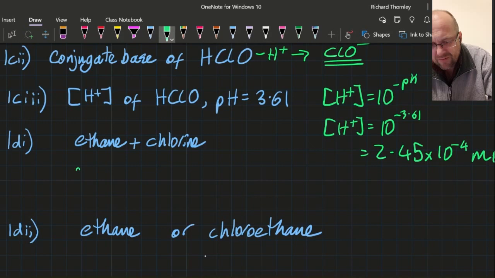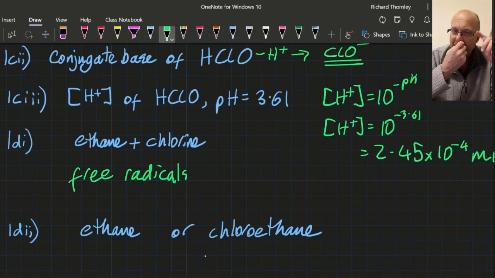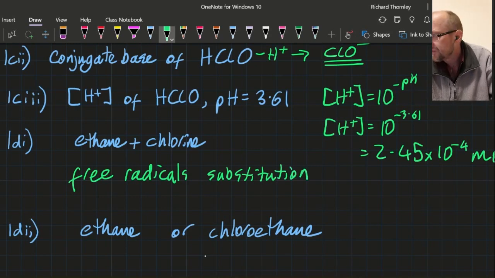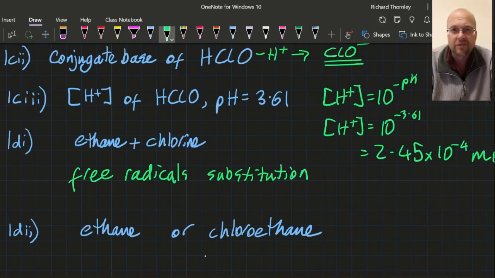So it's something to do with free radicals. And you ended up swapping out a hydrogen for a chlorine, and then maybe kept doing swaps. We don't call it swapping in chemistry, we call it substitution. So it's free radical substitution; they'd accept substitution.